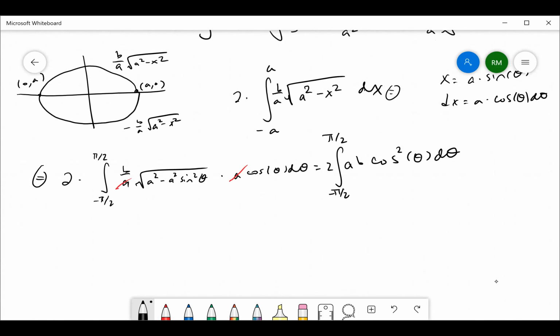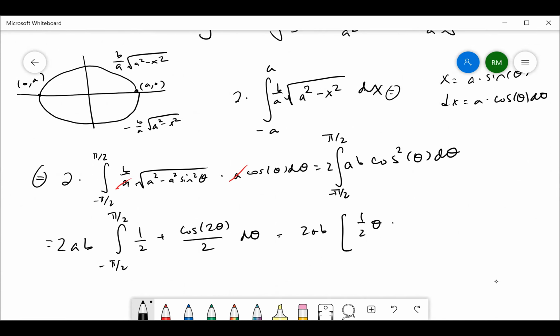All right, and this will equal 2ab, integral from negative pi over 2 to pi over 2. And remember, the cosine squared is 1/2 plus the cosine of 2 theta over 2. We integrate this. We get 1/2 theta plus sine of 2 theta over 4, where we plug in negative pi over 2 and pi over 2.